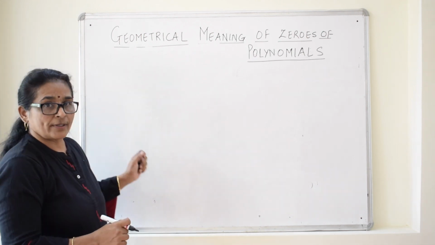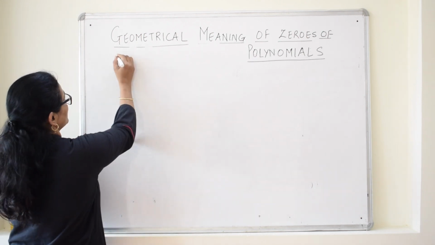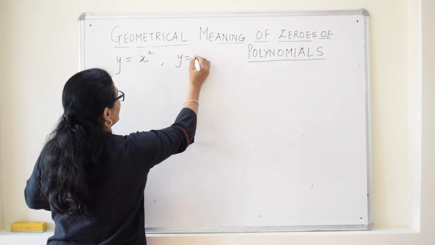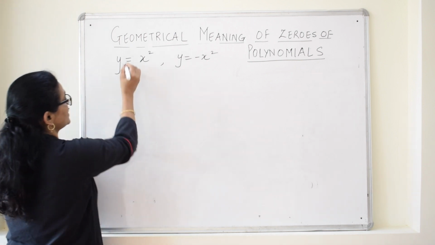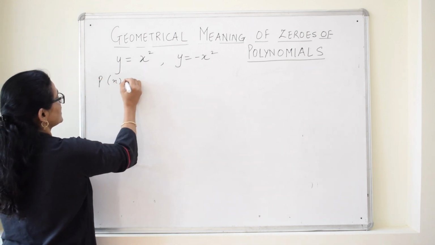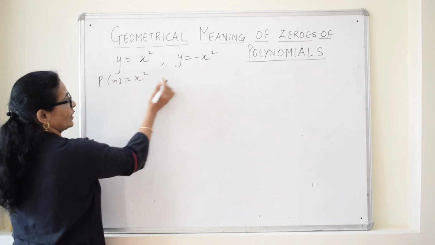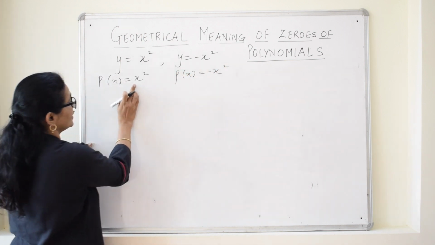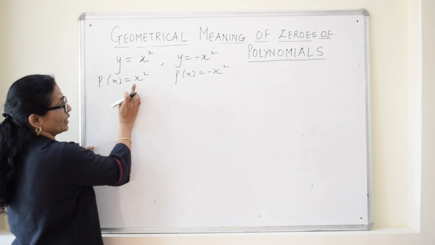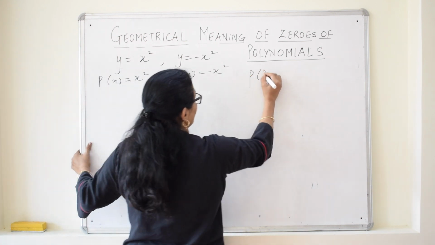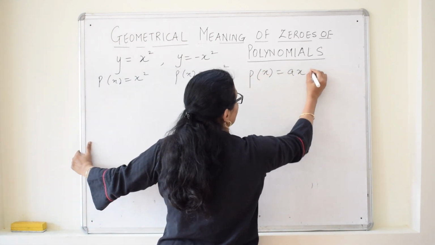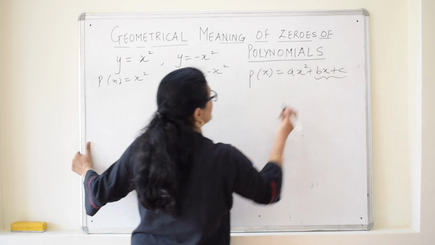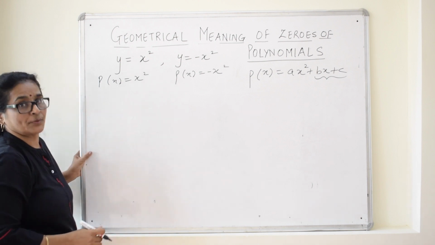Now let's see some special cases of quadratic polynomials: y is equal to x square and y is equal to minus x square. It means the polynomials are p of x is x square and p of x is minus x square. If we compare with the standard form, that is ax square plus bx plus c, it means b and c both are 0.